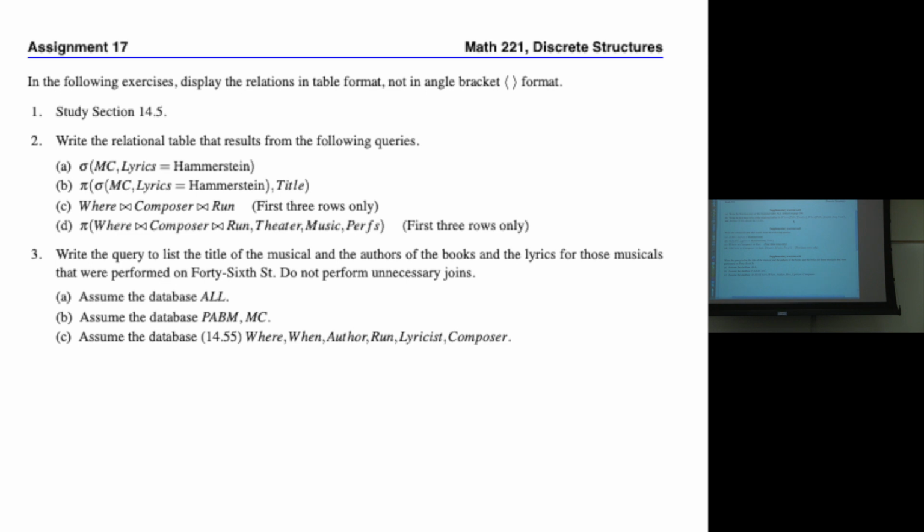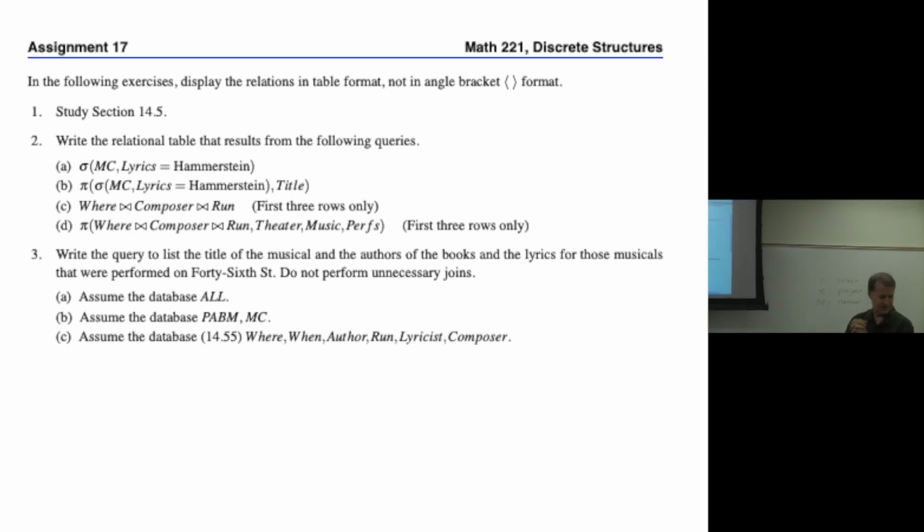And then how about composer natural join run? It would give you the title and the theater it was performed in, and the music writer, and how many times it was shown for every show.